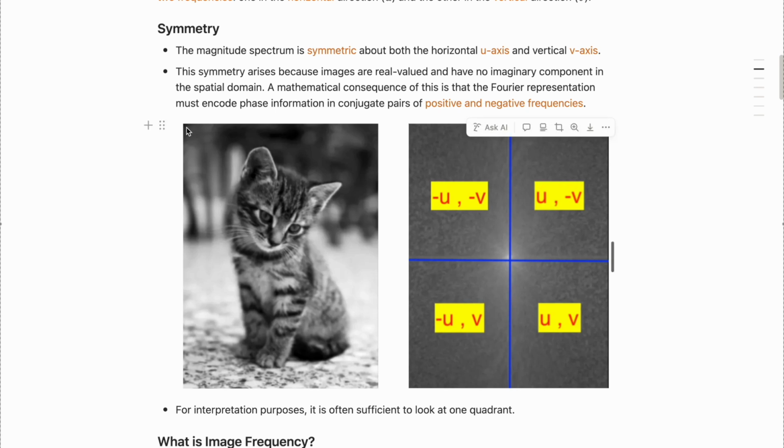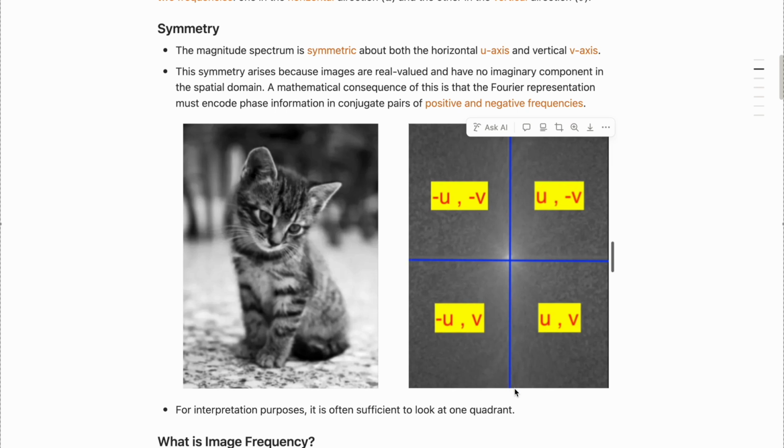Before we get to answering that question, let's talk about the symmetry of the magnitude spectrum. Whereas the origin of the image is here, in the magnitude spectrum, by convention, we shift the origin to the center, and we'll talk about this in the next lesson. So the center is the origin. This has a horizontal frequency of 0 and a vertical frequency of 0 here.